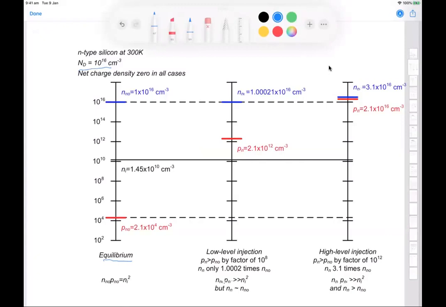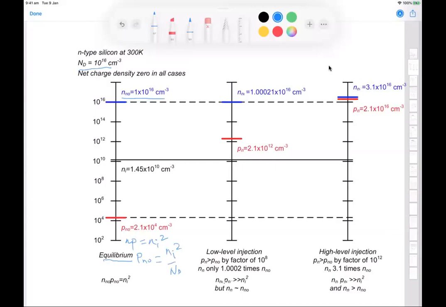So that means that the equilibrium free electron population is 10 to the 16. And we can find the free hole population from the NP product, which is Ni squared. So therefore our hole population in that case must be Ni squared on Nd.